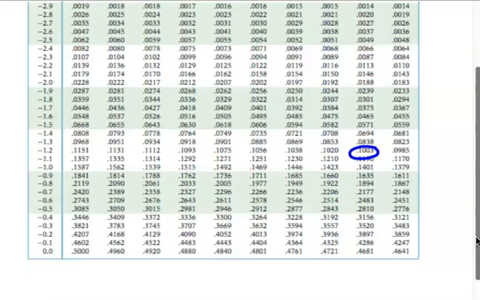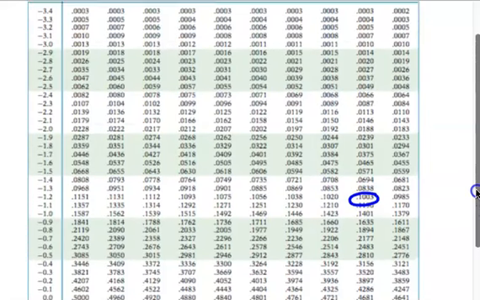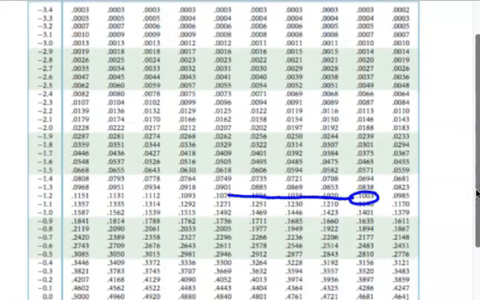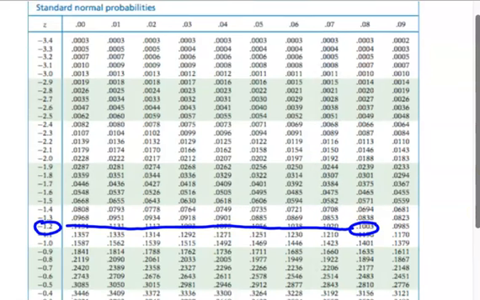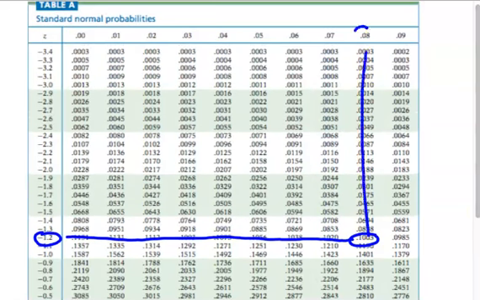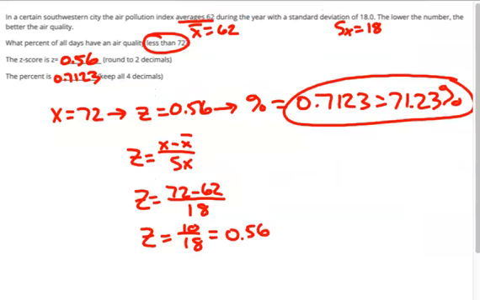That's really, really close to 10%. We would take what Z-score that is. So we need to go out, and we see that we are in the negative 1.2 row, and we need to go up and see that we're in the 0.08 column. So Z equals negative 1.28.